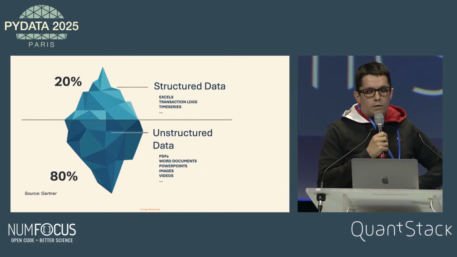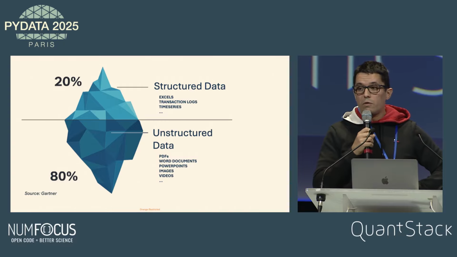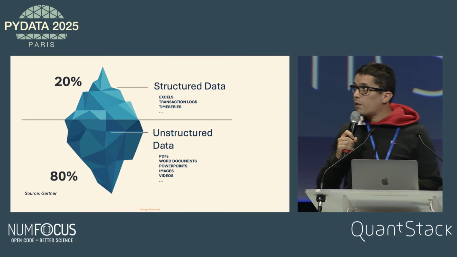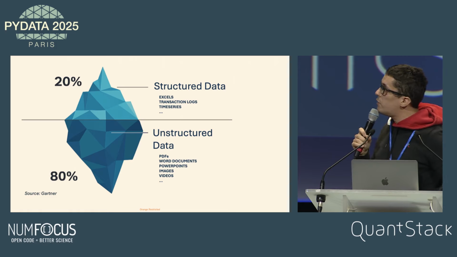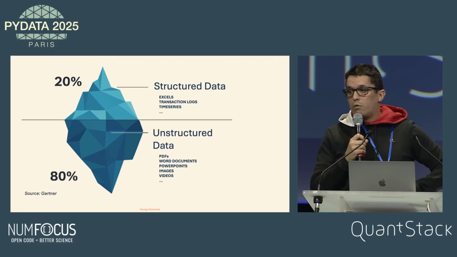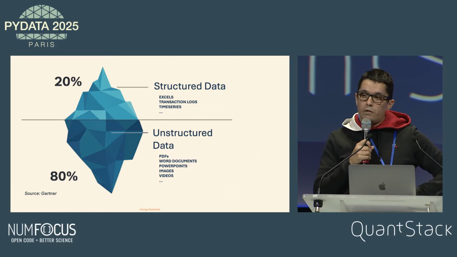So first, I will start with a short reminder, because every day we see a lot of messages on LinkedIn talking about LLMs. On the repartition of data in enterprise, we see 80% of the data is unstructured. So the LLMs shine today to leverage this data. It's fascinating.